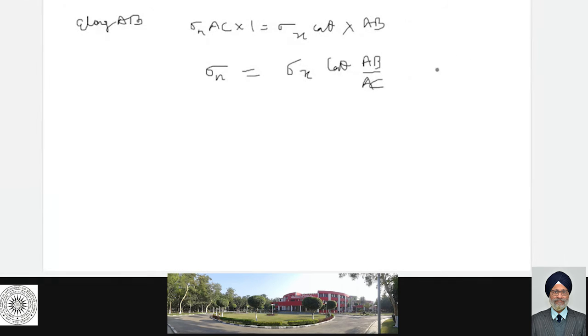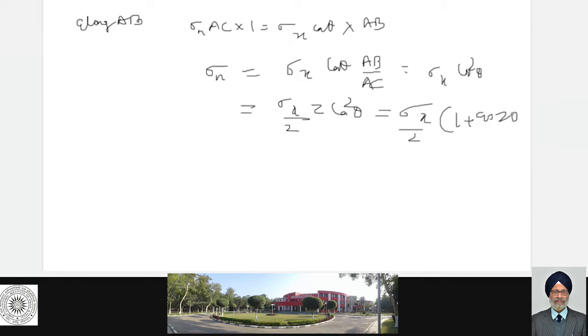So this will be equal to sigma x cos theta into cos theta, which is cos square theta. So this you can write as sigma x upon 2 into 2 cos square theta, and this you can write as sigma x upon 2 into 1 plus cos 2 theta.